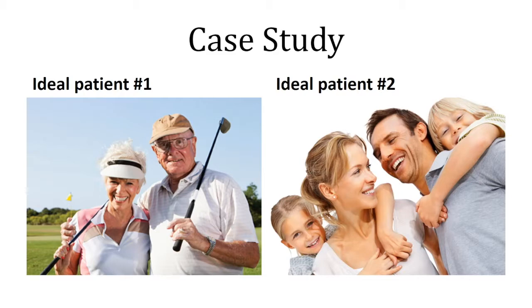So if you think about the two different ideal patients you're trying to attract, you need to think about what these different people want. And then you've got to think about where you are going to market. Because if your ideal patient is number one, are you going to take up the advert in the local school newspaper?